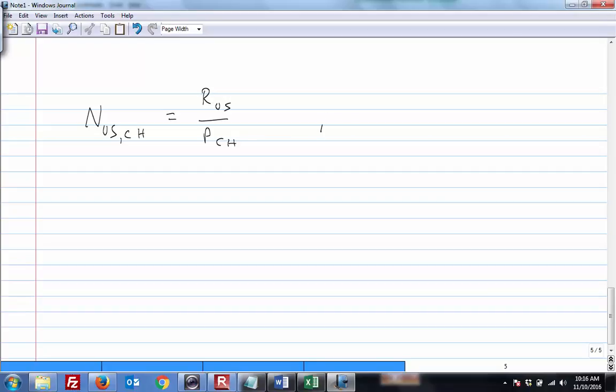The other one is going to be N China, comma, U.S., just flip it around, equals the reserves in China over the production at the U.S. rate. It's just assuming like we exported all of our coal to China and they exported all of their coal to us. That's kind of all it comes to. Yeah, so that's problem one.